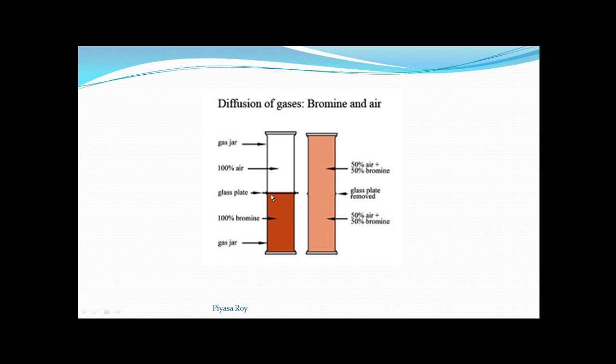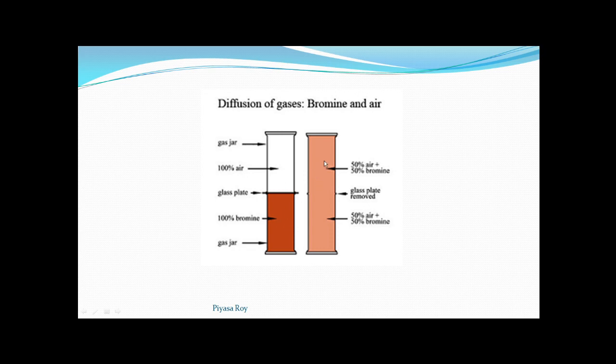Now if we slowly remove the glass plate, after a certain time there will be intermixing of the particles between the two gases, that means the particles of air and particles of bromine. After some time we will see the color of the bromine fades, because the particles of bromine have spread in the first gas jar as well, and the particles of air have spread in the other gas jar.